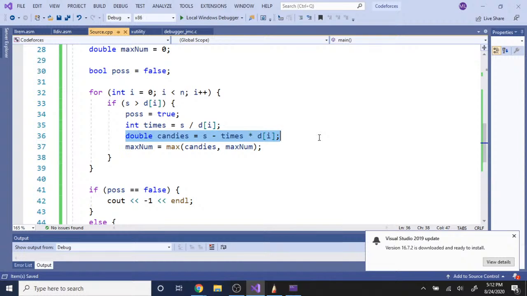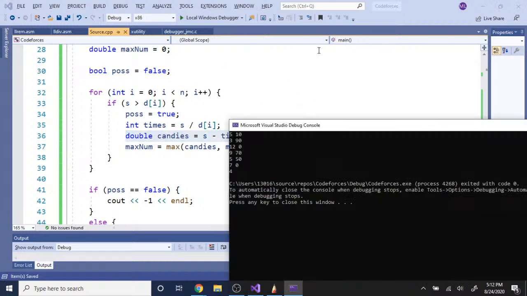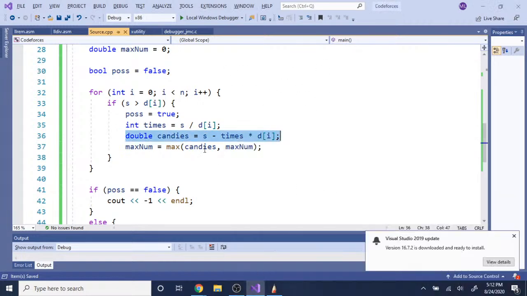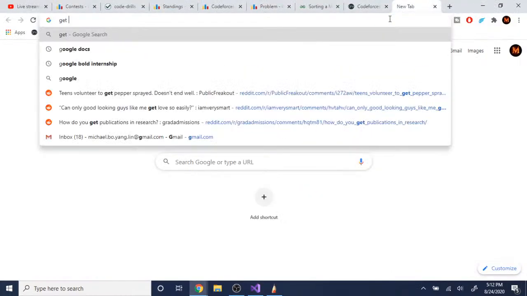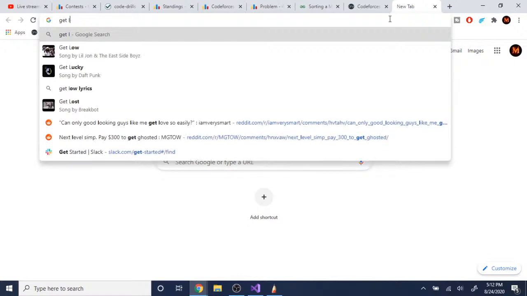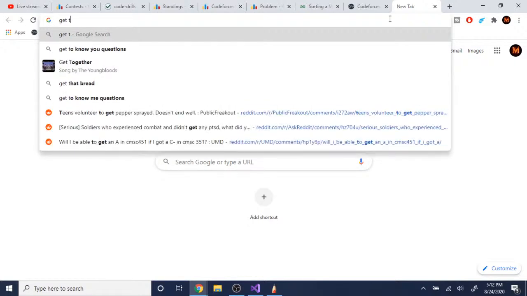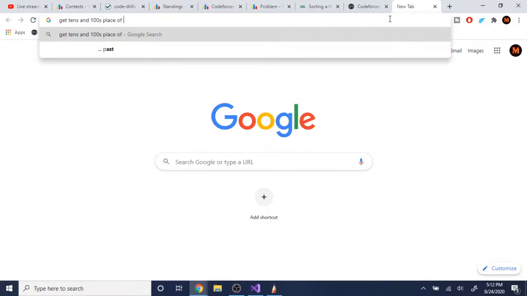I need to get the actual last 2 decimal places, because then that would be the actual candies. So I need to take the last 2 decimal places of candies, and that'll be my max num. So I need to get the last 2, tens and hundredths place of double C++.